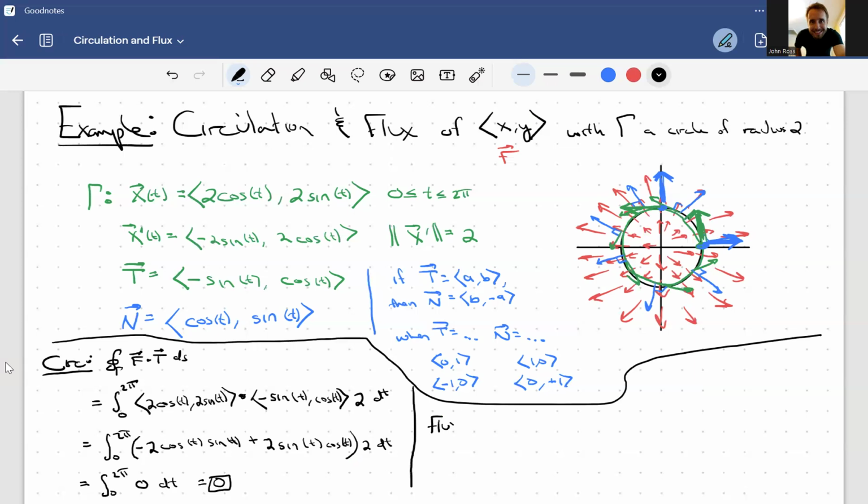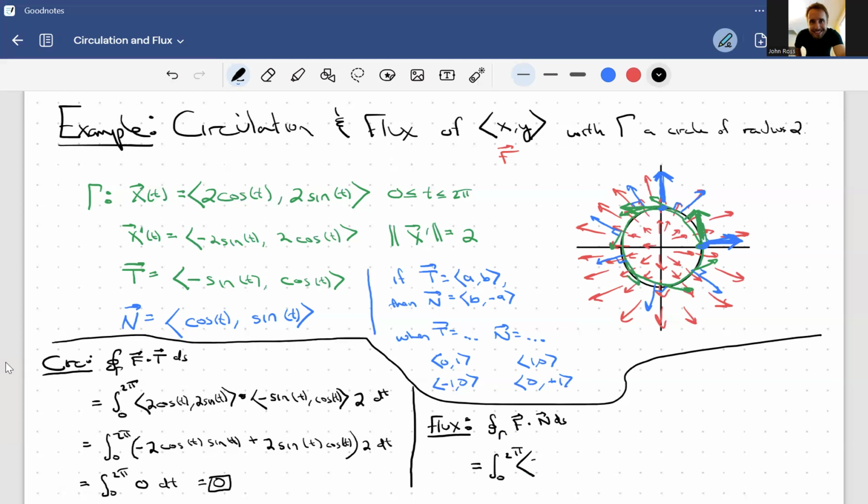Now, how about the flux? The flux is a very similar computation, but instead of f dot T, it's going to be f dot n ds. And so, very briefly, that should give us the integral from 0 to 2 pi. We start off exactly the same way.